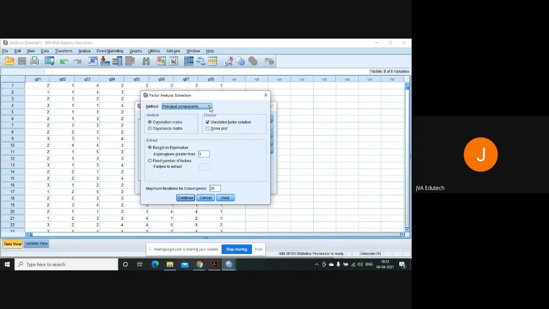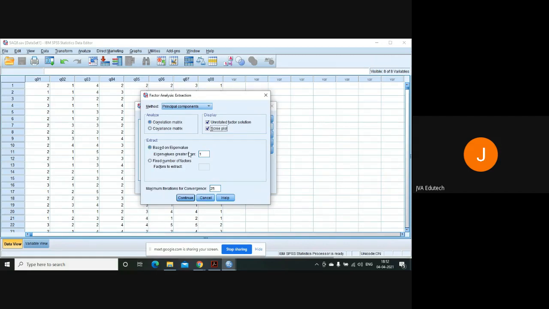By default it's principal component, meaning PCA. If you have to do EFA, then you will go for principal axis factoring, which most of the time we don't do. We just leave principal component selected by default and say that we have done EFA. However, in our case, as of now, we are doing PCA. So we'll choose principal component analysis, the unrotated factor solution, the scree plot, then eigenvalues.